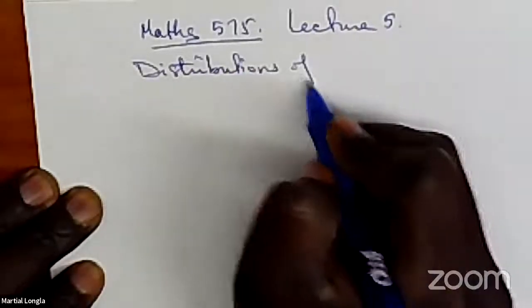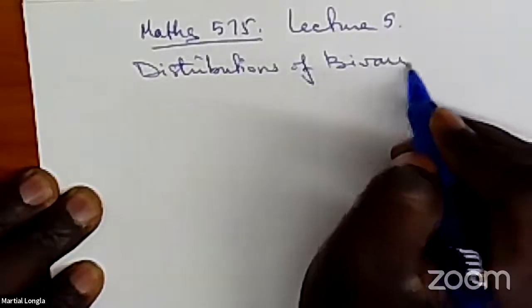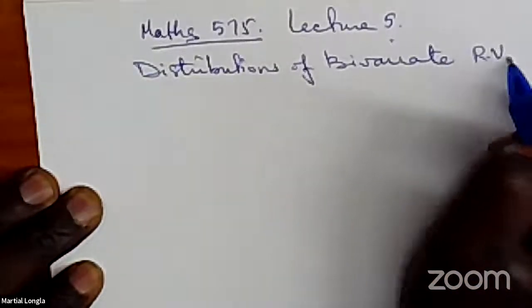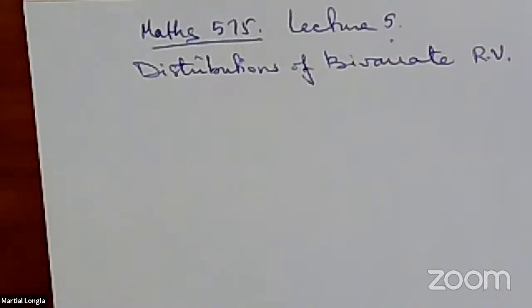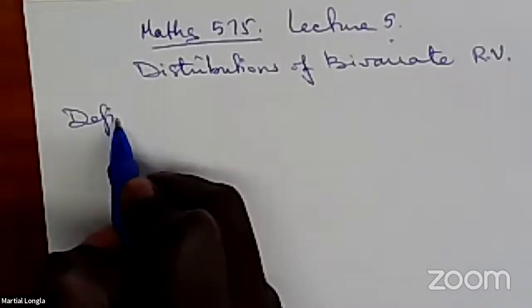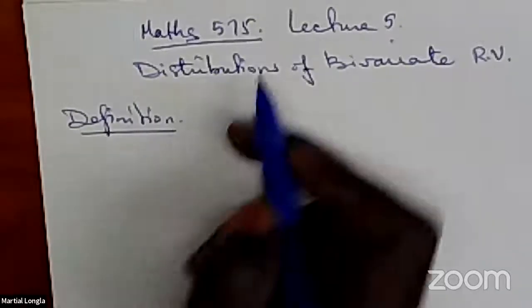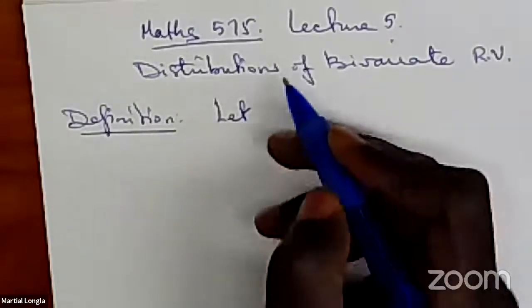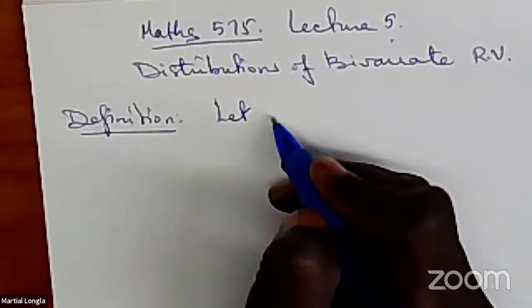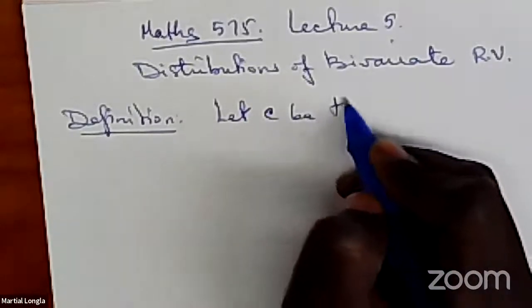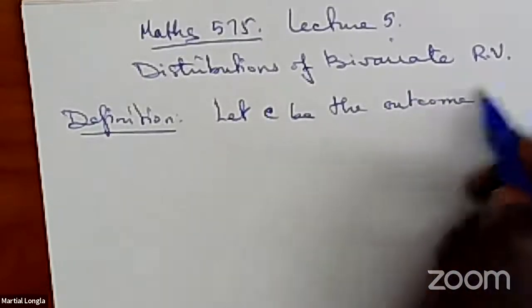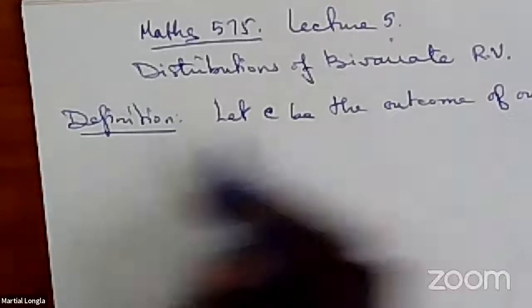Distributions of bivariate random variables. Bivariate meaning what? That you have a random variable that is actually a vector, either X, Y or X1, X2. Let C be the outcome of our experiment.